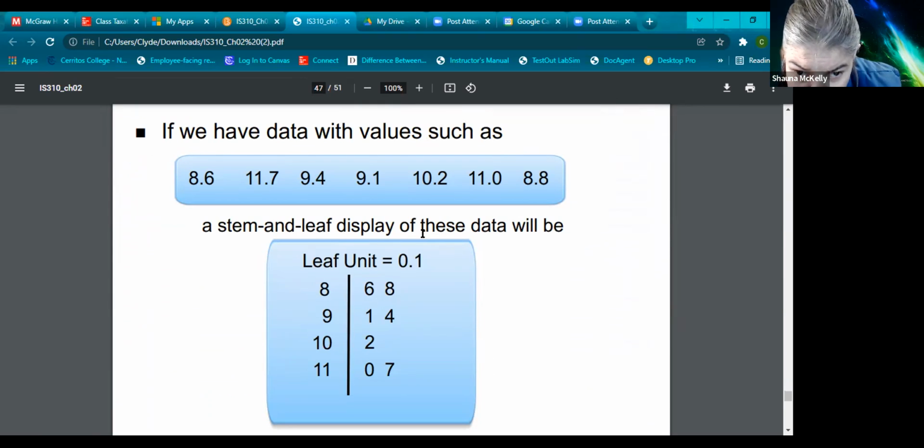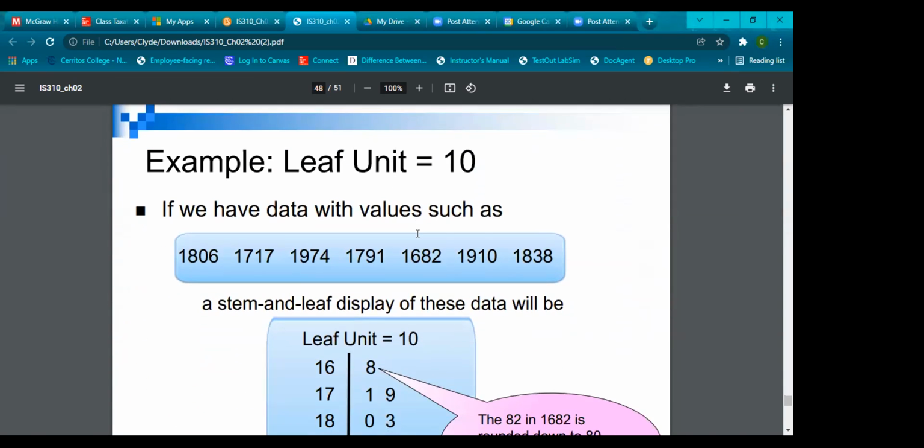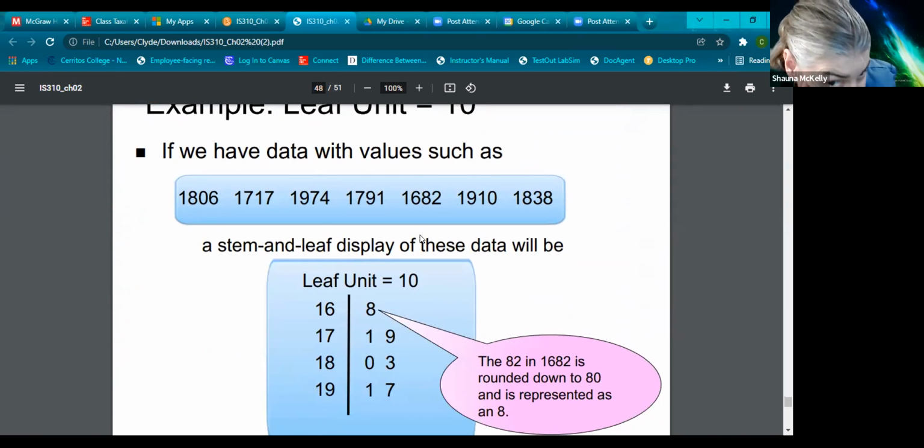So here, this is 8.6, so you have 8, 6, 8.8, 9.1, 9.4, you see? Now here's another one where we do it with 10 units.